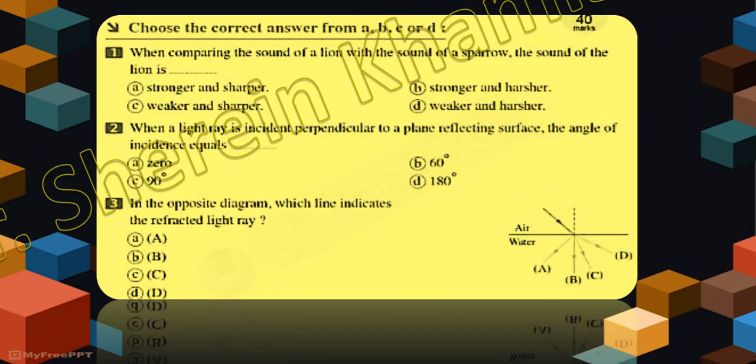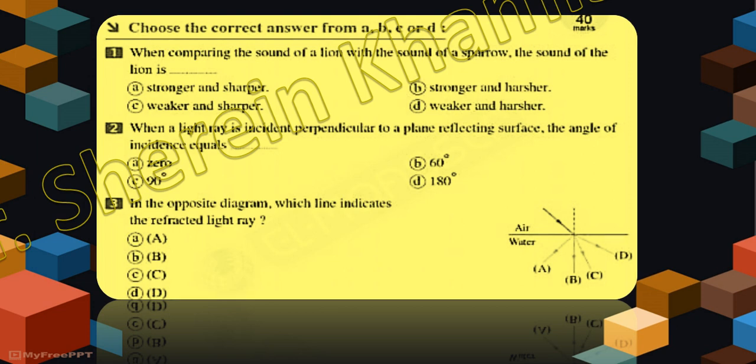Question number 1 says: when comparing the sound of a lion with the sound of a sparrow, the sound of the lion is... We said one of them has two properties: one is stronger and harsher, and the other is weaker and softer.